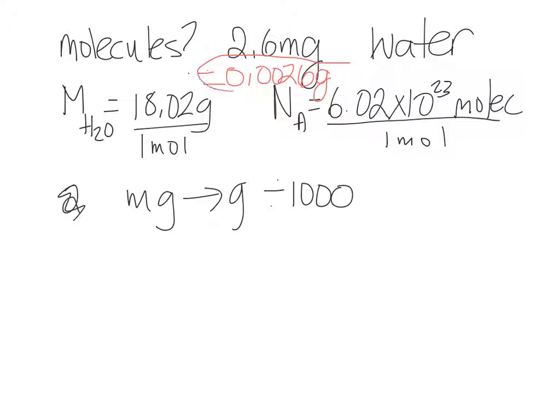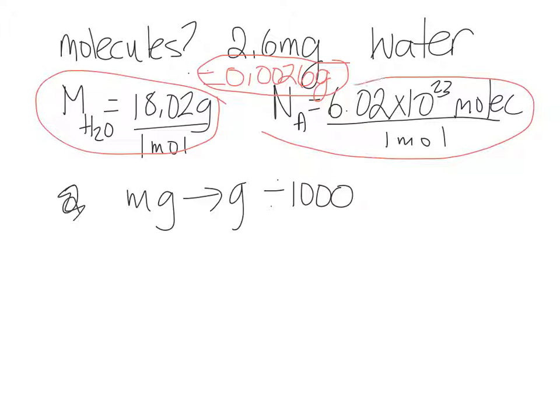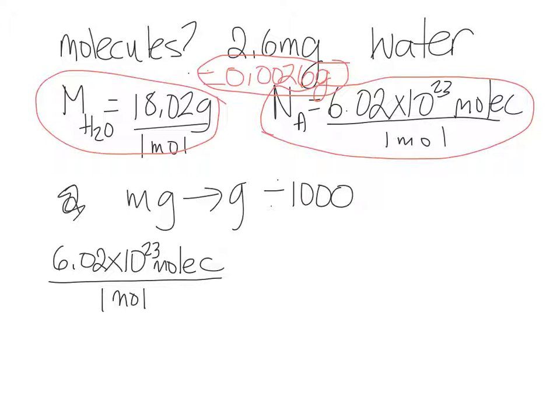I've got grams, I've got molar mass, I've got Avogadro's number. We start with Avogadro's number because the unit that we want is on the top. So we're going to write it out and we're going to put a times beside it. So we want to get rid of moles. So which one of the other two values has moles in it?